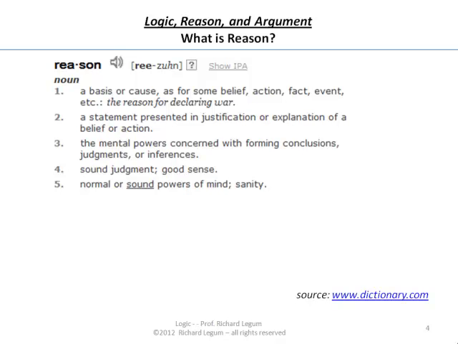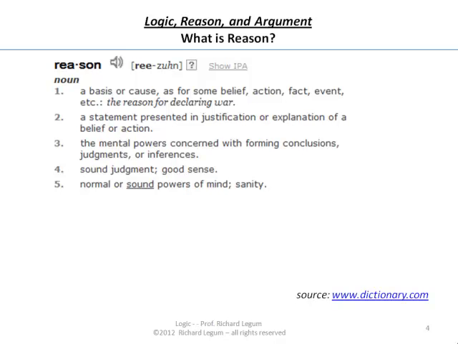Then the third one is our second use of the word, talking about the mental power, the ability to form conclusions, to form judgments, to make the right inferences, as in Jim's being able to figure out why the car did not start.